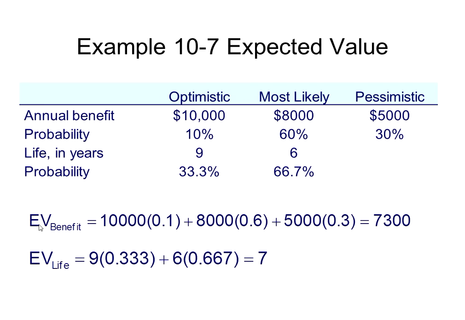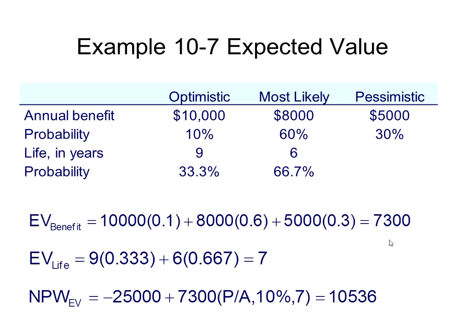So now that we have the expected value of benefit and the expected value of life, we want to find the net present worth of expected values. Notice that the net present worth of expected values is not always the same as the expected net present worth. They're not necessarily the same.